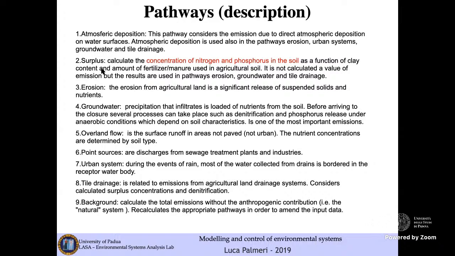So it covers the natural systems emission due to soil coverage, land cover, soil type, and atmospheric effect, without the effect of urban systems, agricultural activities, wastewater treatment or sewage systems.